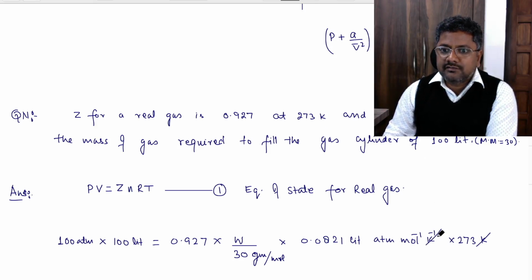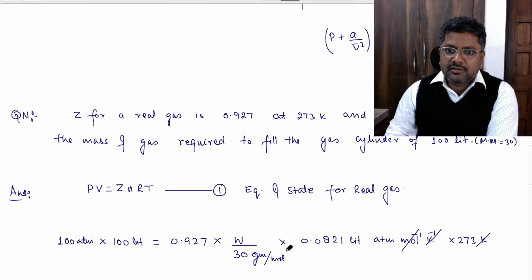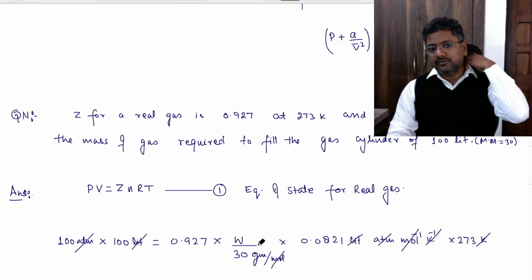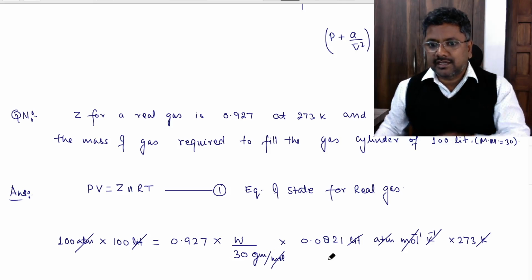Kelvin cancels with Kelvin, mole inverse cancels, atm cancels with atm, and liters cancel with liters. So we will get the mass in grams.